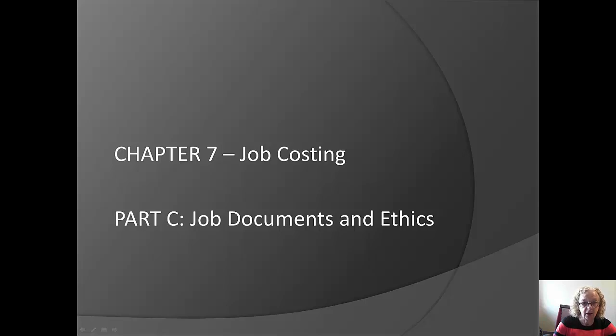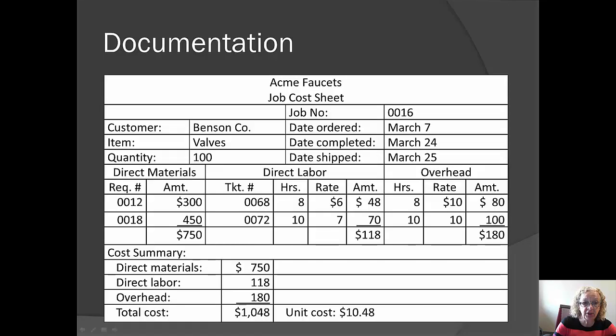In the final part of Chapter 7, let's wrap up some issues that relate to job costing. One issue is documentation. This is a job cost sheet, and firms use this type of document to keep track of how much materials, labor, and overhead go into various jobs that they do.